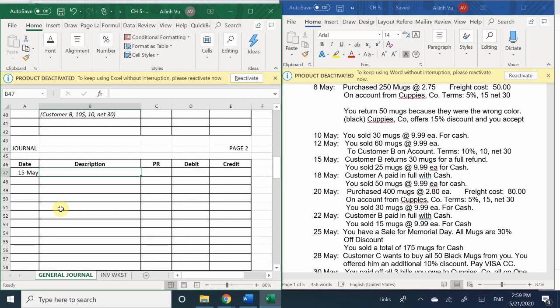So if we're dealing with customers, what are we dealing primarily with? We're dealing with sales returns. Good. Sales, returns, and allowances. Is that a debit or a credit? Credit. Why? What kind of account is sales, returns, and allowances?